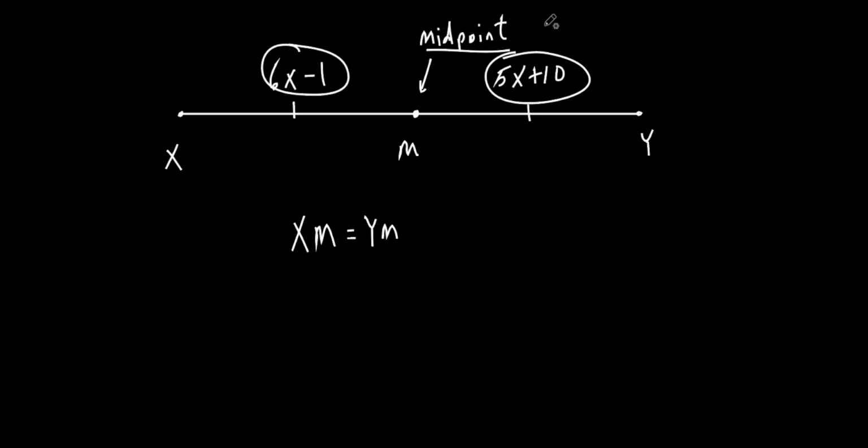Does that make sense? All right, so that's what I'm going to do. Watch, XM is what? 6x minus 1. And what's YM? 5x plus 10. All right, and we can go ahead and solve for x. This time it's a little different because the x's are on different sides, but I want the x on the same side, don't I? So I would subtract a 5x from both sides.